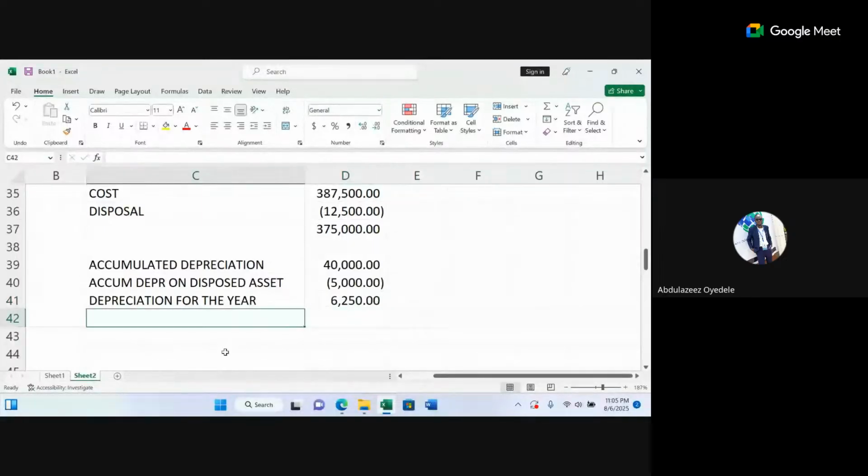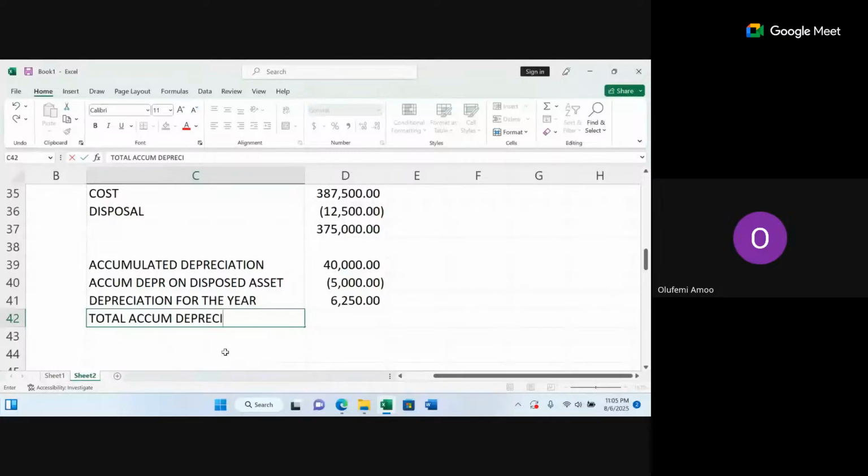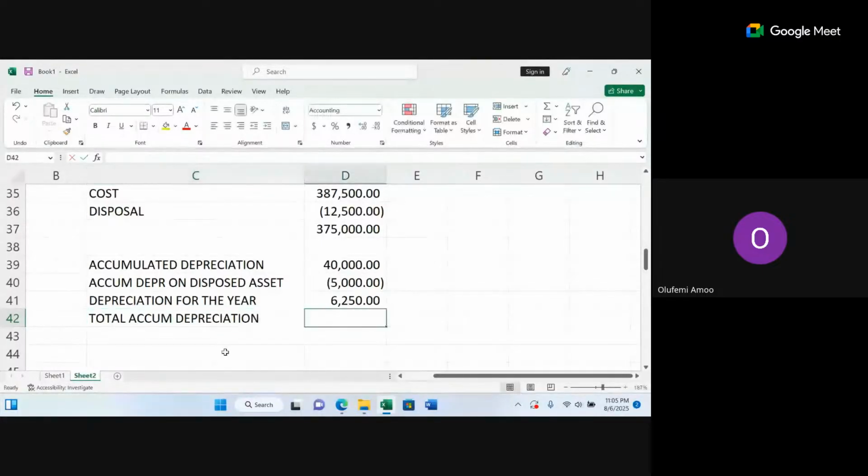So now total accumulated depreciation is now what? We have this together, we have total accumulated depreciation of 41 billion 250.